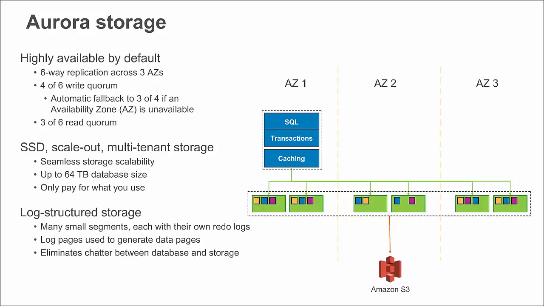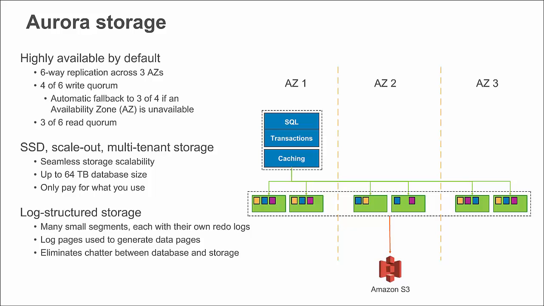Now the disks are much more reliable than they used to be 20 years ago. This is SSD based storage, but the disk storage deteriorates over time. So we have scrubbing processes that go around because we have the luxury of 6 copies of the same data. It compares block against block to make sure all the blocks are consistent.